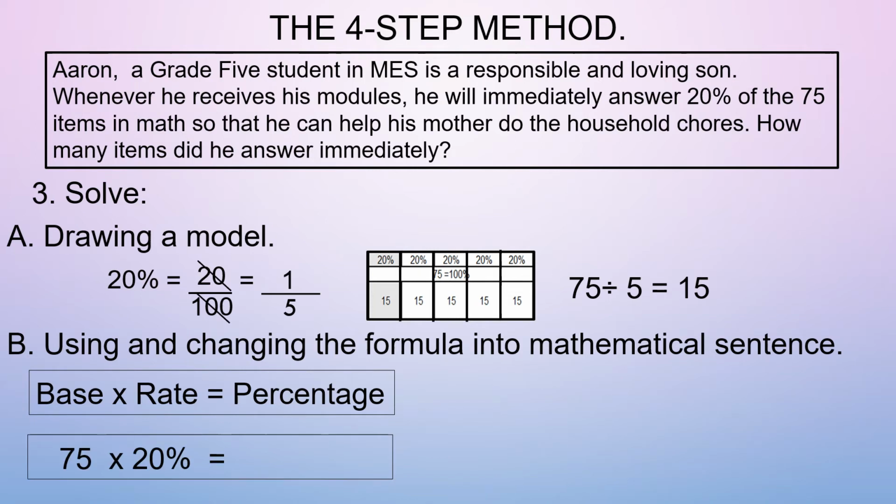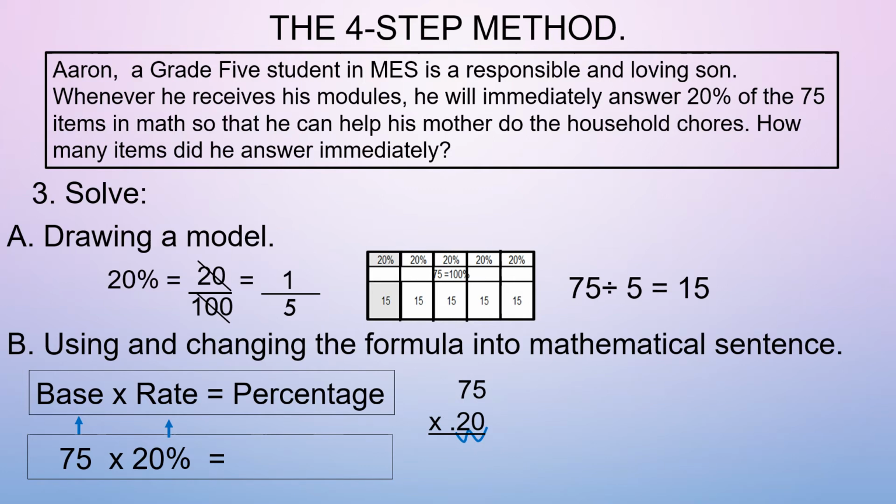In the given problem, 75 is the base and 20% is the rate. We're going to multiply 75 and 20%. But take note to remove first the percent symbol and move the decimal point 2 places to the left.